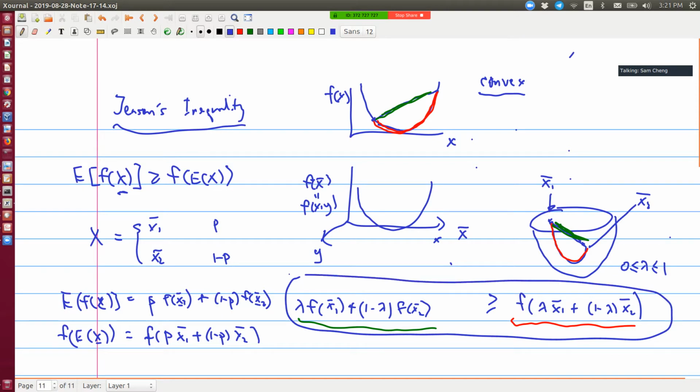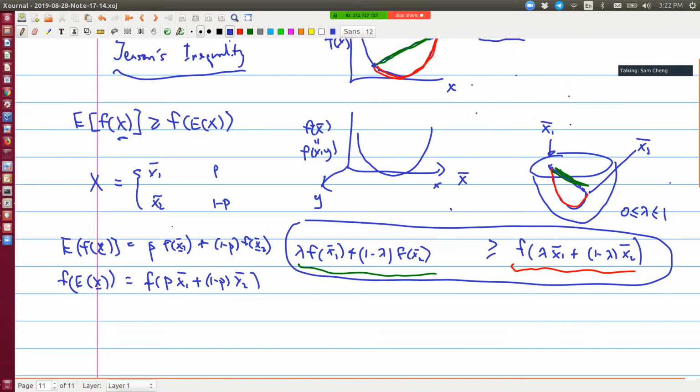You can generalize that when you have more points.